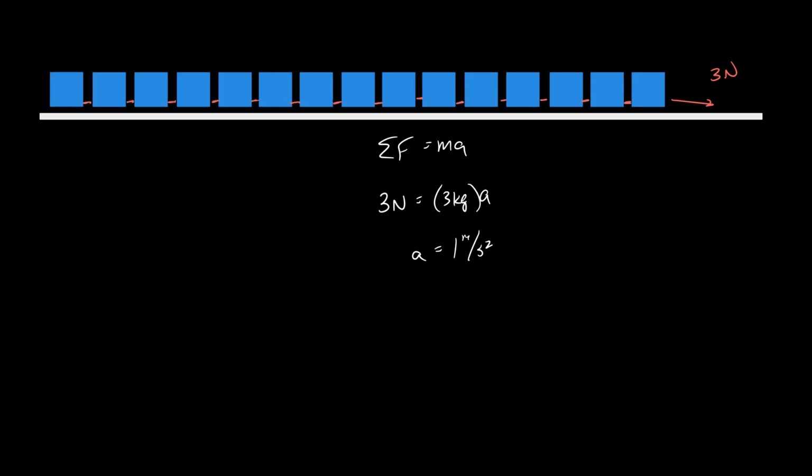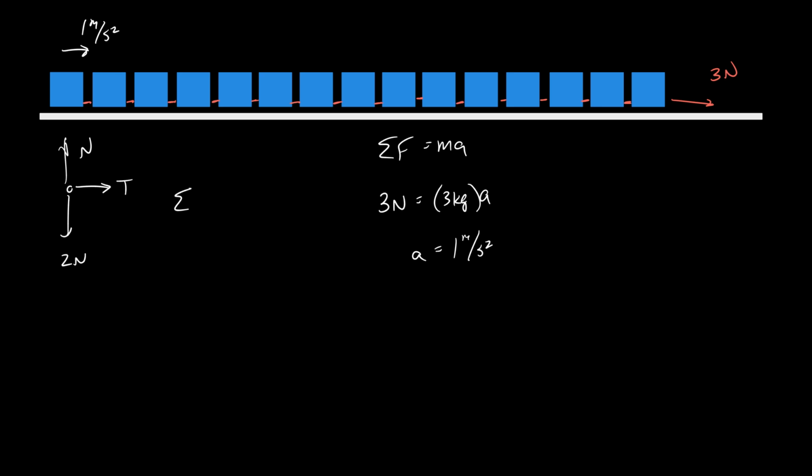All right, so I want the coupling in the last car. Well, the last car is experiencing an acceleration of 1 meter per second squared, just like all the cars are. And it's experiencing a tension force this way, 2 newtons of weight downwards, a normal force upwards.